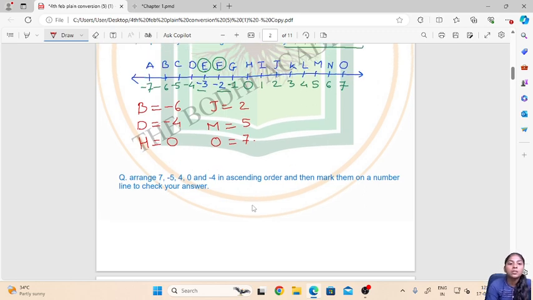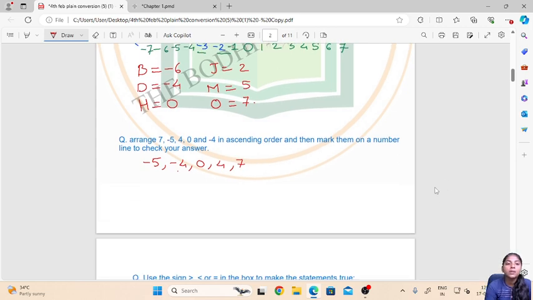So here which number will be the smallest? First will be -5, then -4, then it will be 0, then 4 and then 7. So this is the ascending order of these integers.